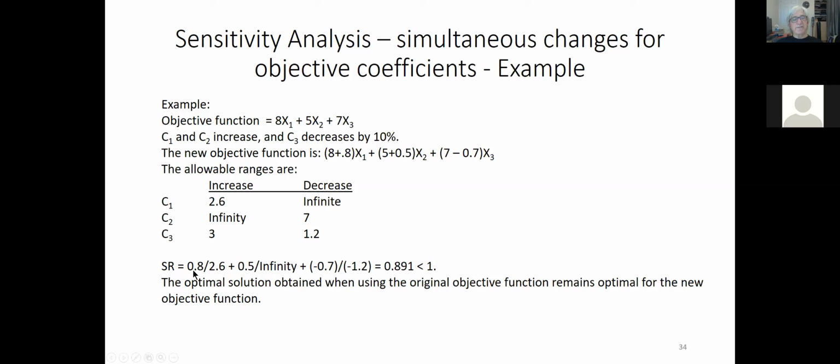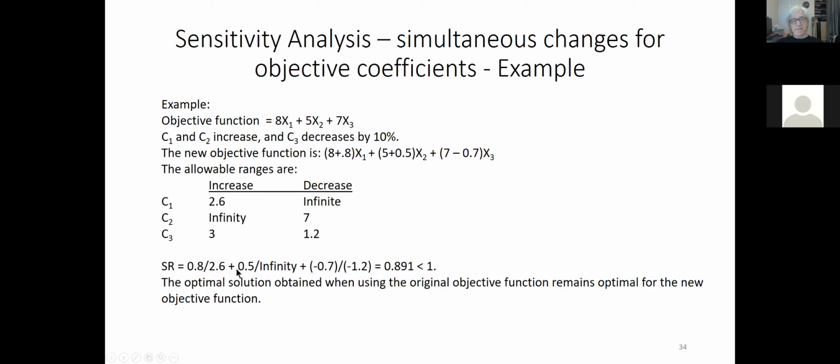So you take the first one, which is 0.8, and you divide it by the allowable change in the same direction, which is the increase. You take the second one, 0.5. Again, it's an increase. You divide it by infinity. And here you have a negative 0.7. So you divide it by the negative of 1.2.